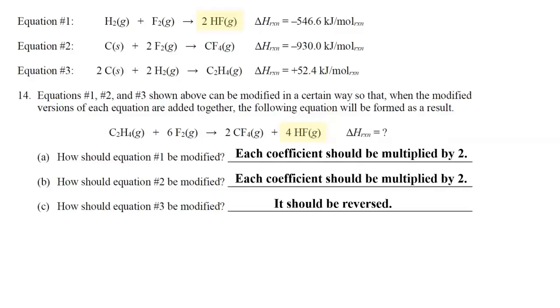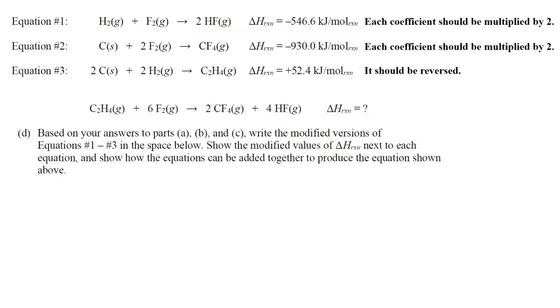So now I know what to do to each of these equations. I know how to modify them. So the next step is to go ahead and make those modifications. I'm going to write the modified versions of equations 1 through 3, and then show the modified values of delta H so I can process it.